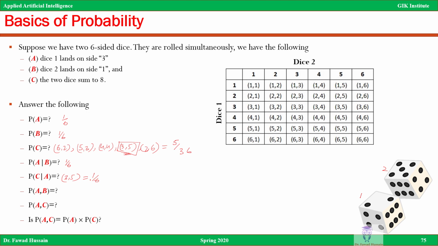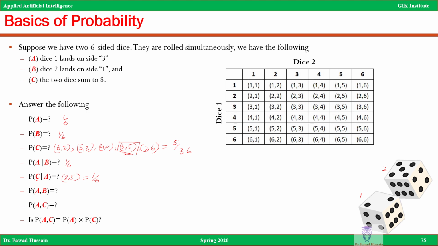Now notice that we are not using 1 by 36 because A is already given, so we know that A has occurred. So A is no longer 1 by 6, that the probability it will have a 3. No, we are given that A has already occurred, so A is already a certainty. So the probability that A has occurred has now changed from 1 by 6 to 1, because now we are given that as a certainty.